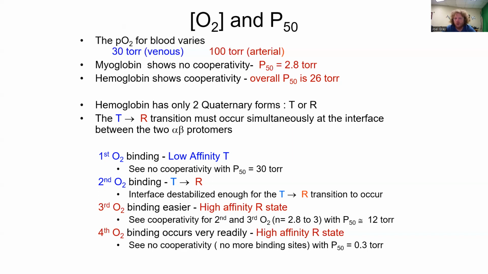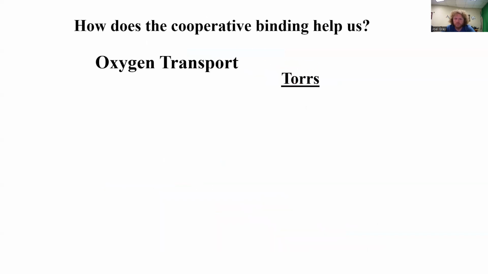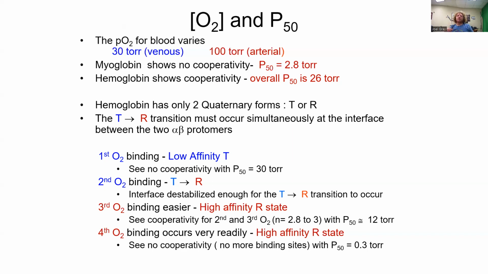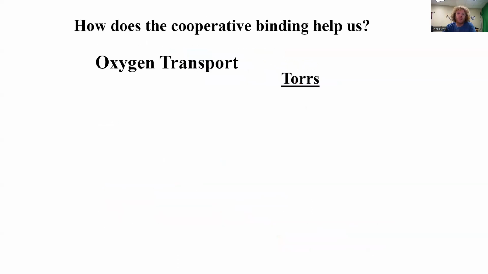First O2 required 30 torr to be 50% saturated. The third is about 12 and the fourth is about 0.3 torr. So what this means is for that fourth O2 to be 50% saturated, it doesn't require a lot of O2 because we have a very high affinity for that.